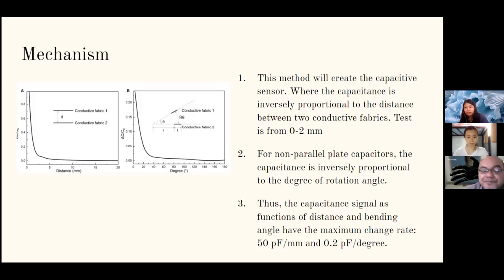The capacitance is inversely proportional to the degree of the rotation angle. Thus, the capacitance signals as a function of distance and bending angle have the maximum change rate, which is 50 pF per millimeter and 0.2 pF per degree. So as we can see in the graph, it is inversely proportional between the distance and also the degree. Yeah, next.